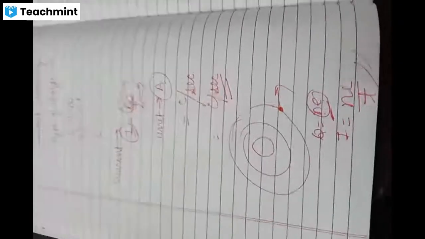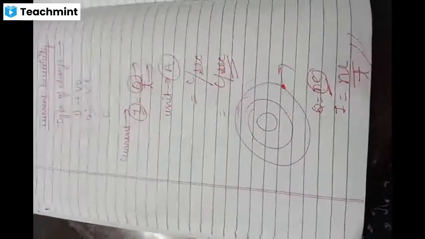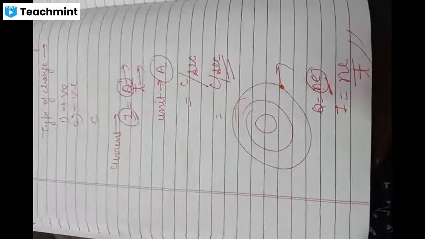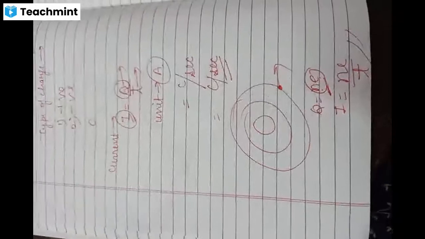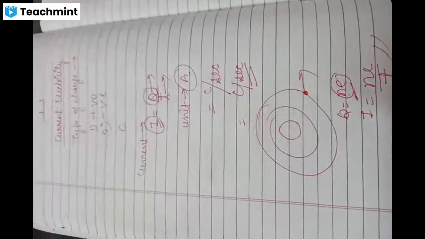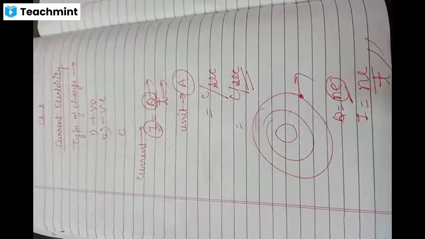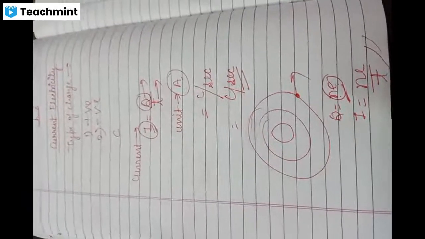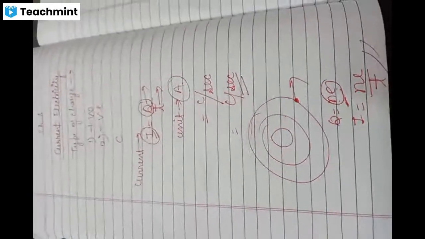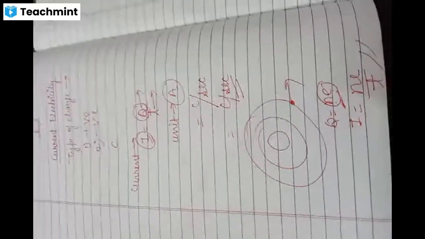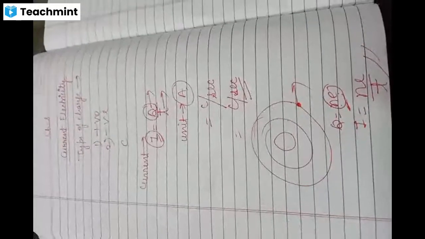Ashi, which color deviates the most and which color deviates the least? Ma'am, violet the most, and red the least. Okay, good.